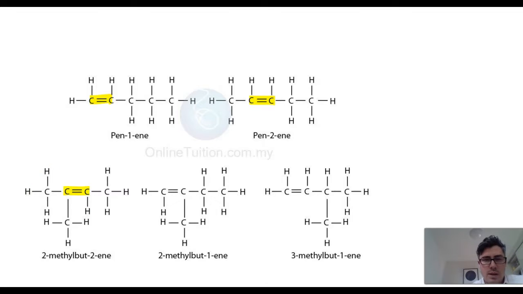We can keep it as a butene and then put a methyl on there. Because of where the carbon-carbon double bond is, the methyl group can either be attached straight to it or it can be attached to the next one along. So there's lots of isomers. As soon as you include a double bond, suddenly there's a lot of structural isomers.